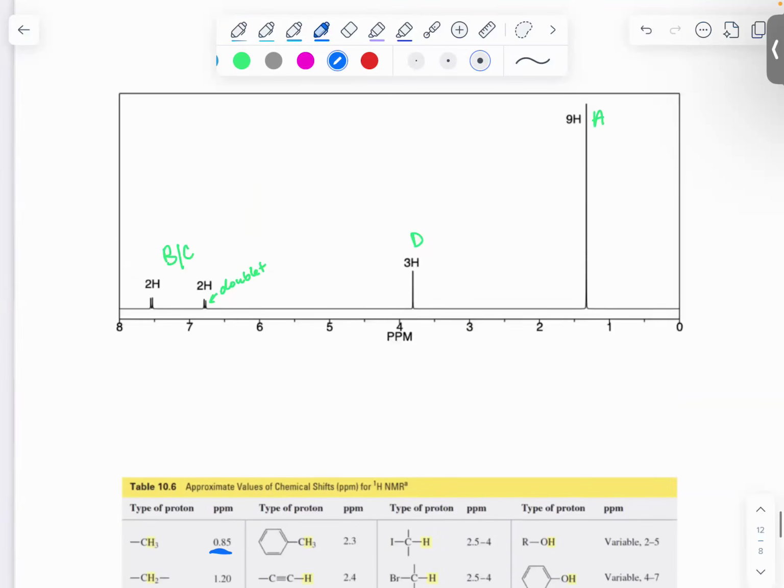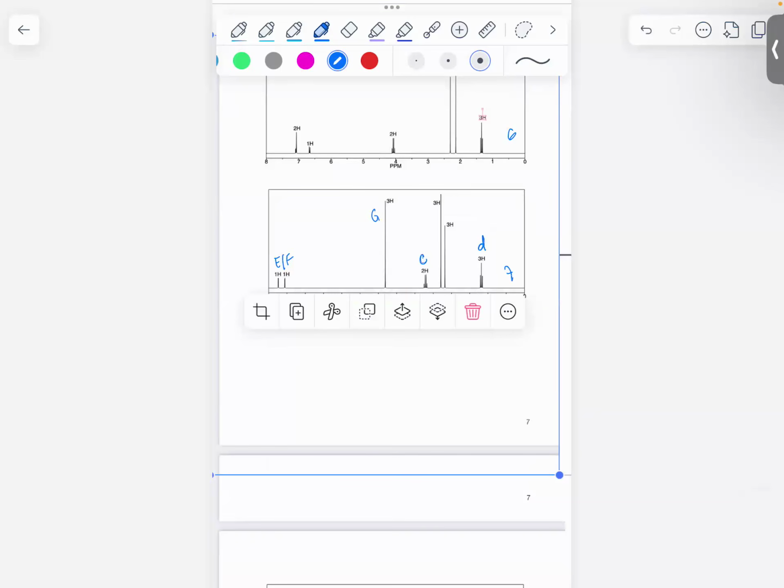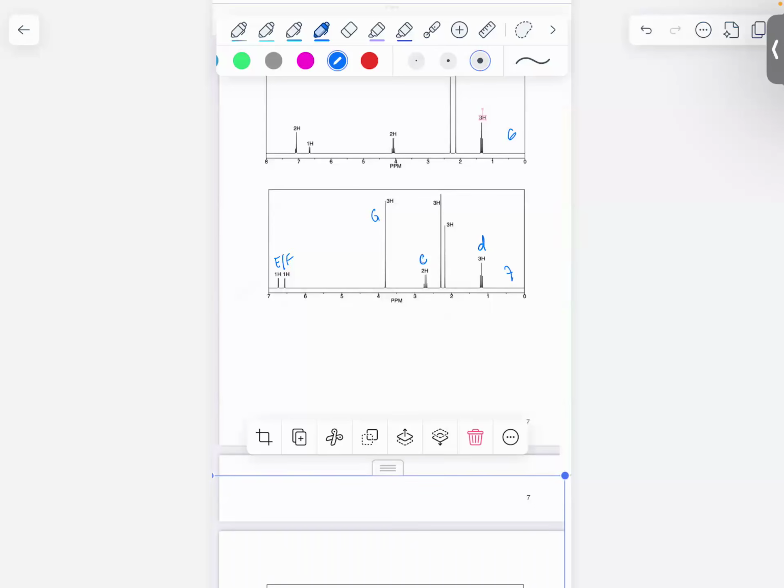So G will be our more upfield one, and then A and B will be these 2. When it's something that close, you won't have to identify which one is which.